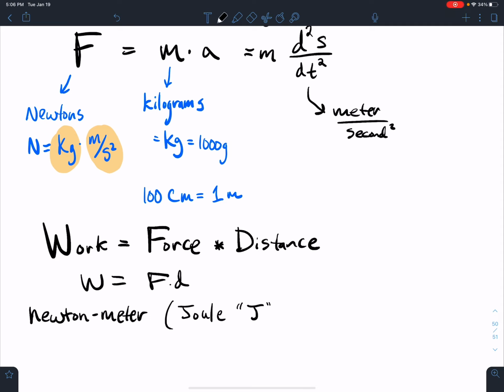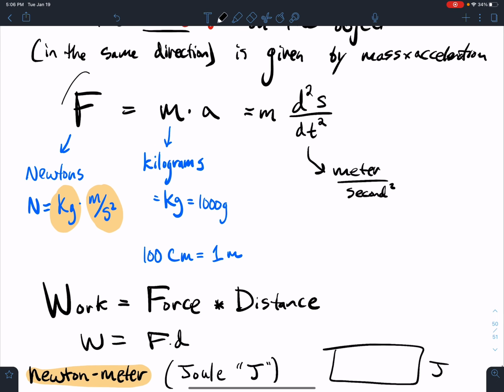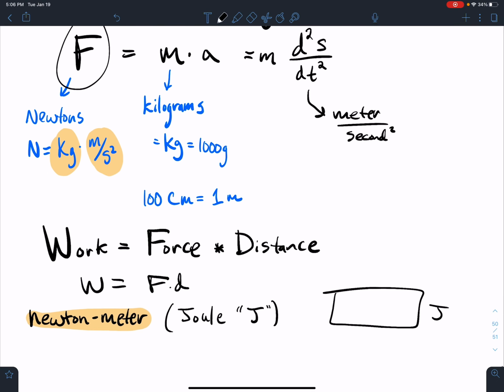So in your homework, it's going to have a blank, and out to the side it'll have a J there. So your answer needs to be in newton meters. Remember, the force is a newton, so that's kilograms times meters per second squared, and then distance is in meters. So that's a newton meter for work.